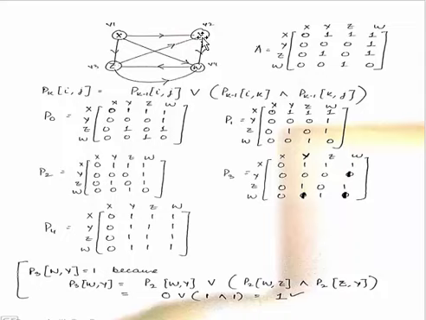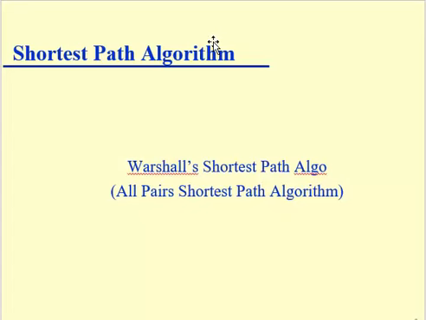We do have other algorithms called single source. In those algorithms, you are given a source node, suppose x, and from x you need to find the shortest path to all other nodes. But this algorithm gives you the shortest path between any pair of nodes. That's why it is called the all pairs shortest path algorithm.